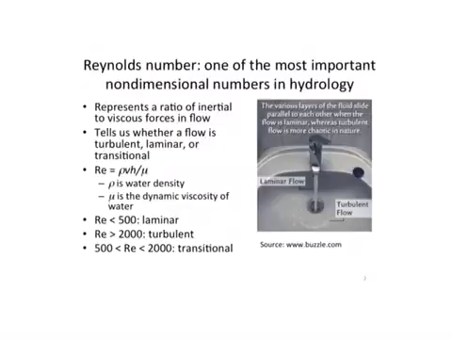Now, the Reynolds number is important because it tells us whether a flow is turbulent, laminar, or transitional. And the main way that you could tell turbulent flow apart from laminar or transitional flow is by looking at individual streamlines within the flow. And individual streamlines in turbulent flow tend to trace out eddies.